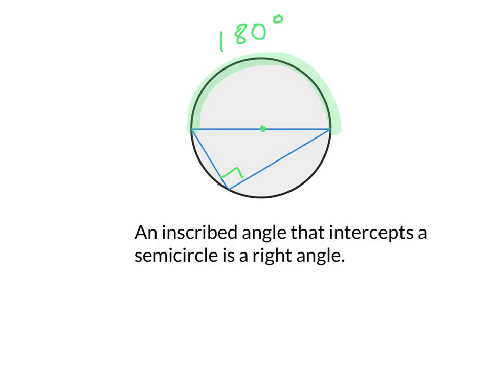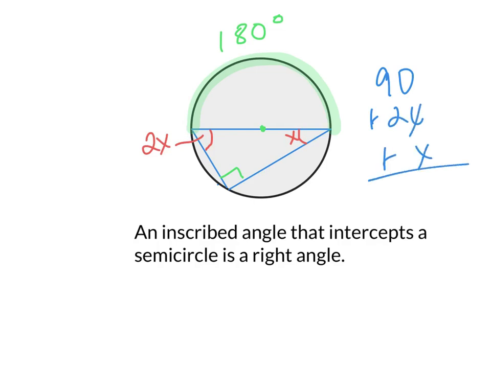One of the problems that I'm going to give you is what would be the measure of this angle right here, if you know this is x and this is 2x. So what would x equal? Okay, so what do you know about the angles in a triangle? Well, all the angles are going to add up to 180.